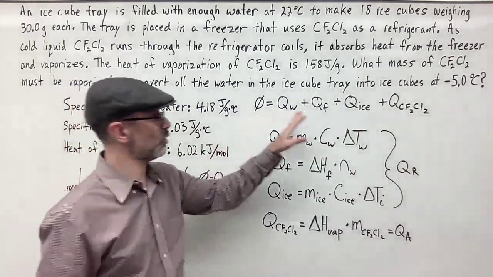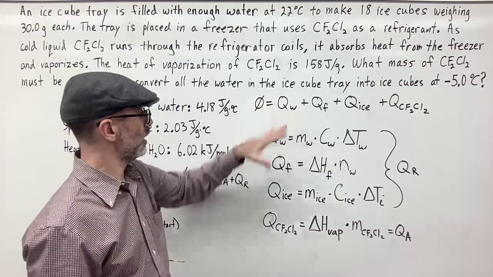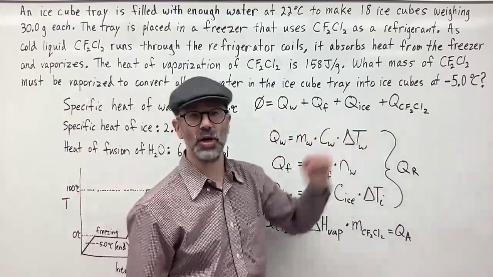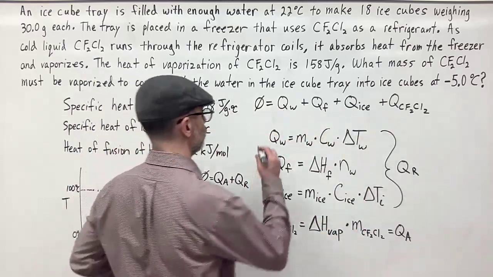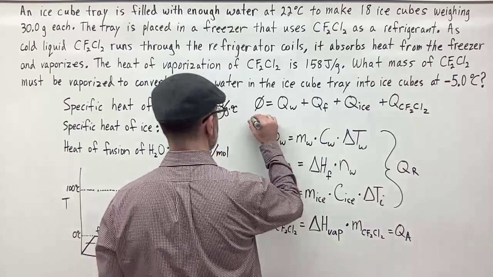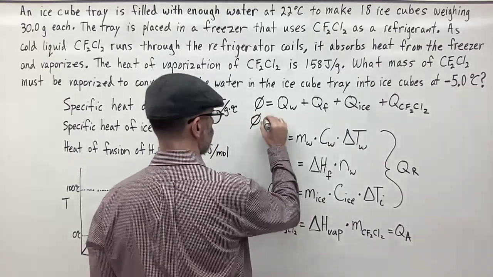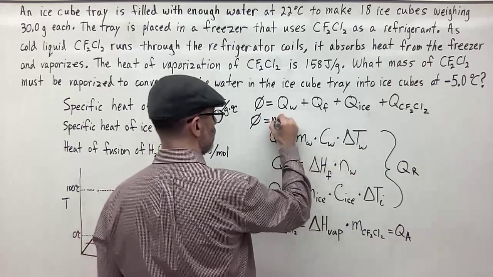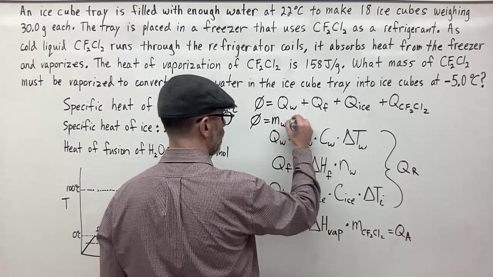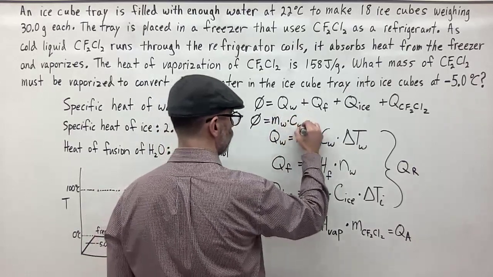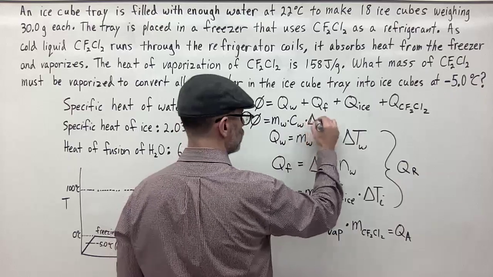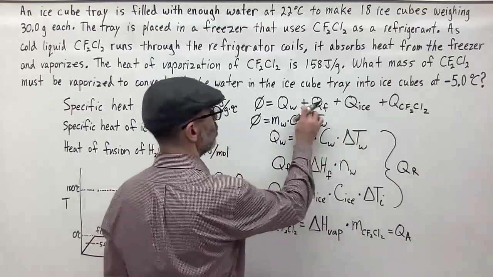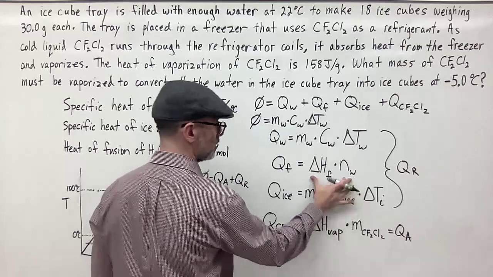So 0 is equal to all this. So all I need to do is substitute all of this for each one of those. So let's go ahead and do that. So I have Q, or 0, I should say, 0 is equal to QW. Well, that's this. So that's going to be the mass of the water times the specific heat of water times the change in temperature of the water plus QF, which is this.